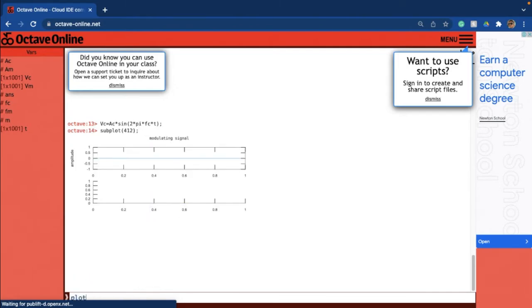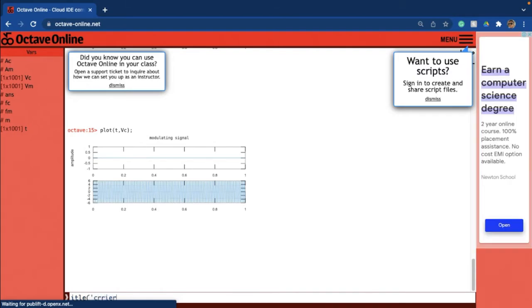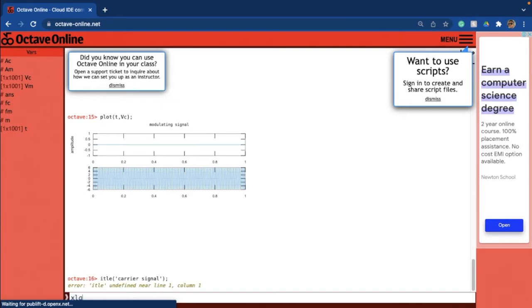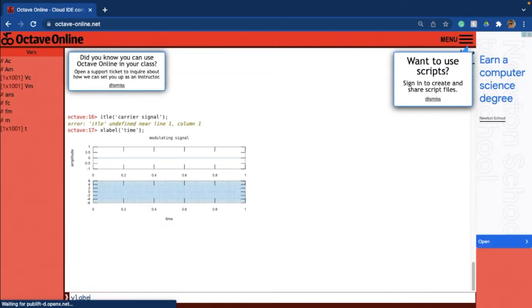Plot t comma vc, title carrier signal, xlabel time, ylabel amplitude.